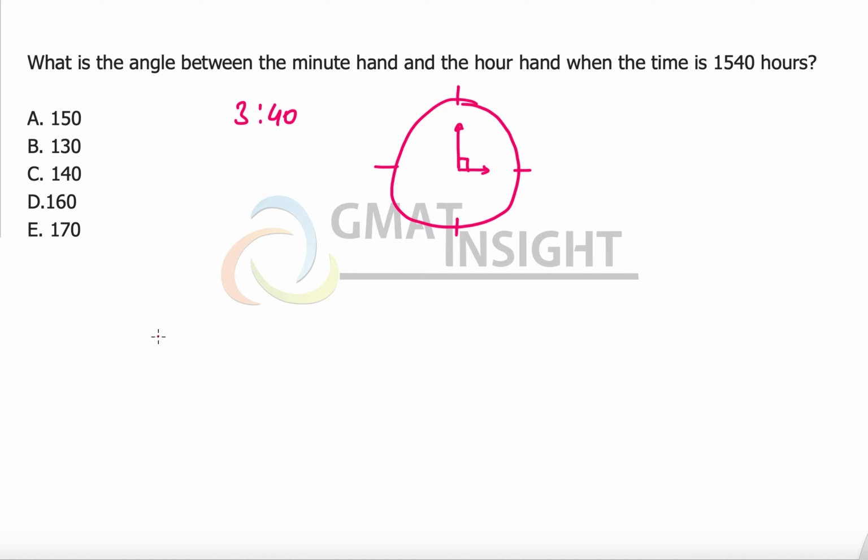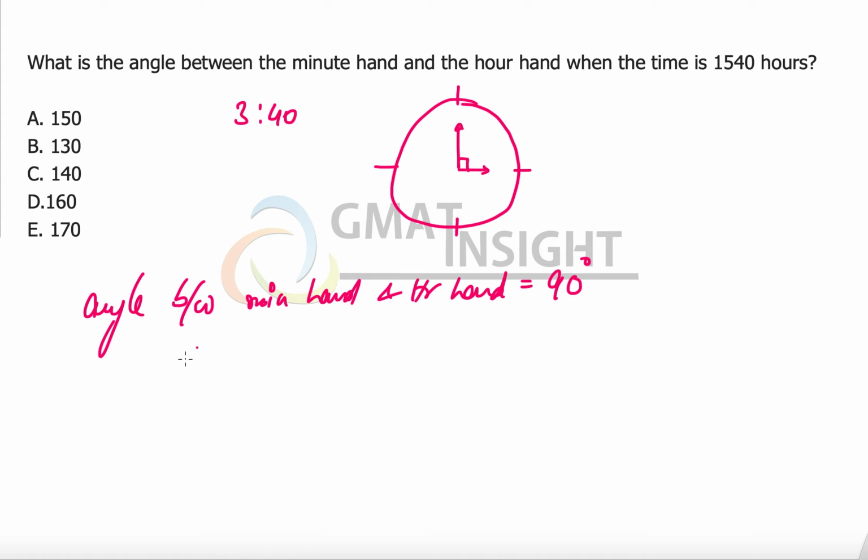and the angle between the minute hand and hour hand can be represented as 90 degrees. Now, we have to see the change of angle between hands in 1 minute.